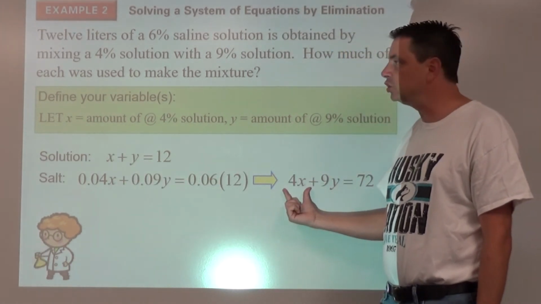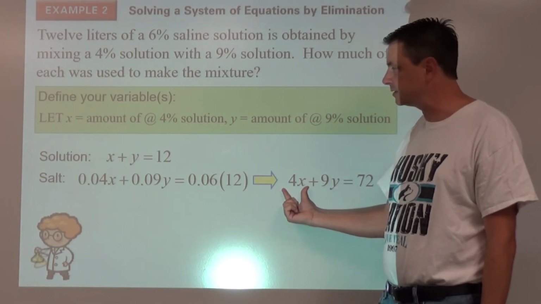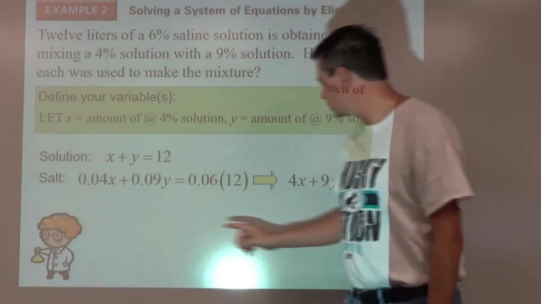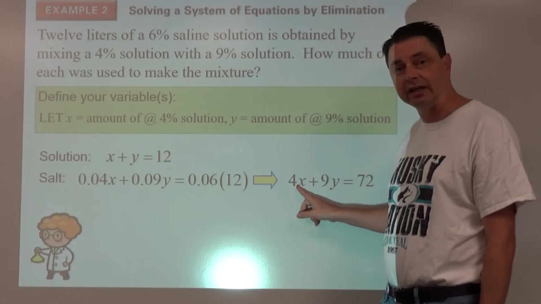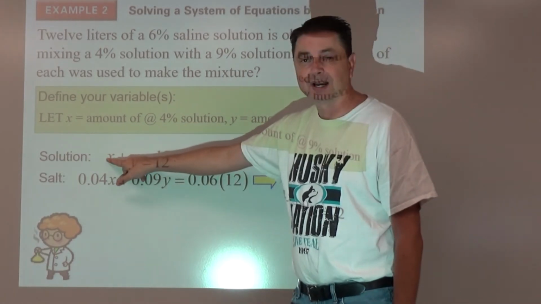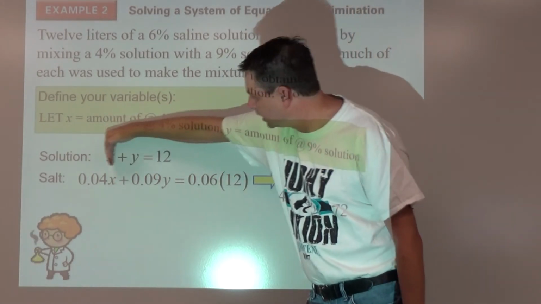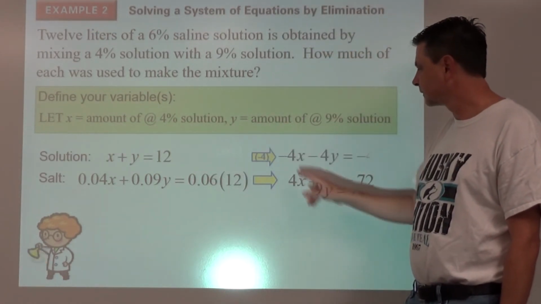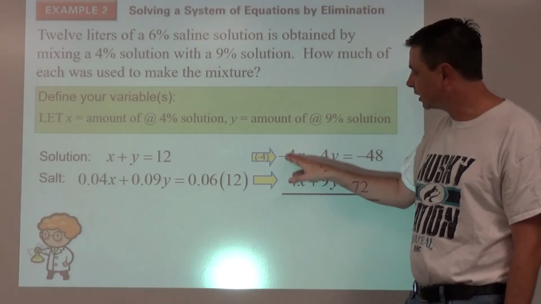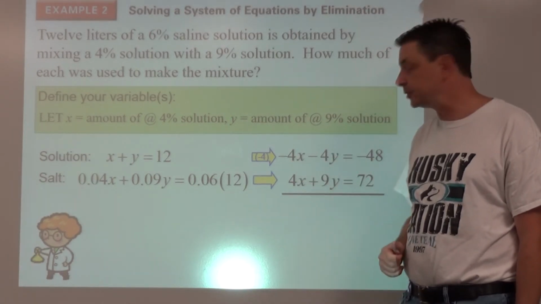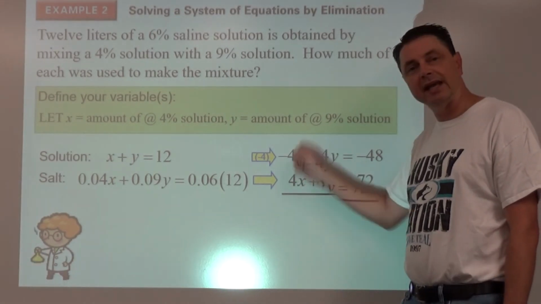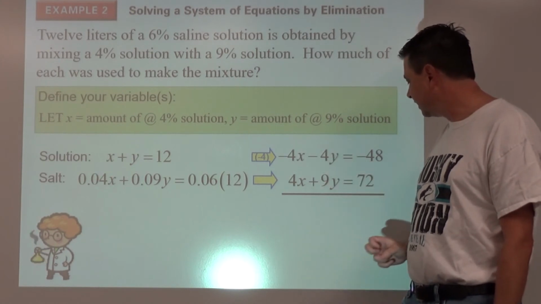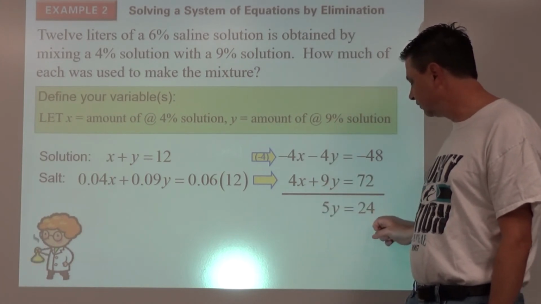So if I wanted to eliminate the x's, I would want this one to turn into this, but opposite in sign. So I would want to multiply this by negative 4, do it everywhere. Multiply everything by negative 4, and now our x's match up, but they're opposite in sign. Add straight down, x's cancel, 5y equals 24.